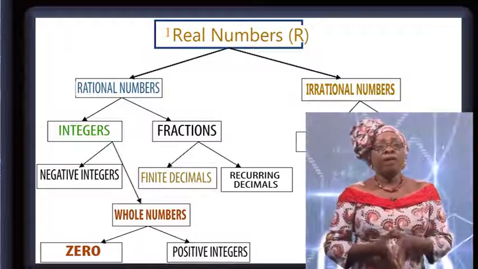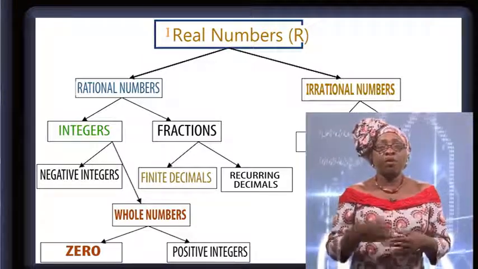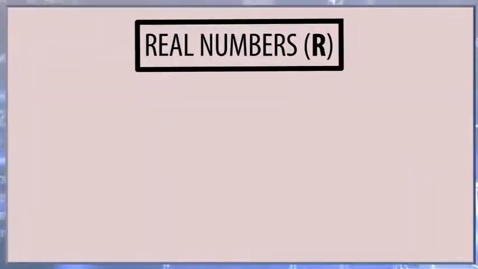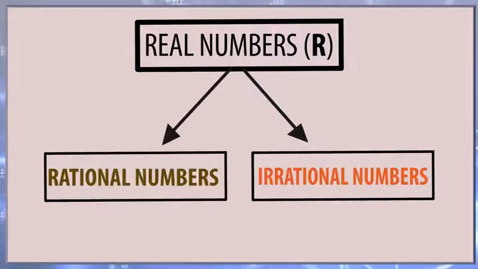So going over the chart together from the top, we have the real numbers, and this is represented by the letter R. The real numbers is broken down into two groups, rational and irrational numbers.